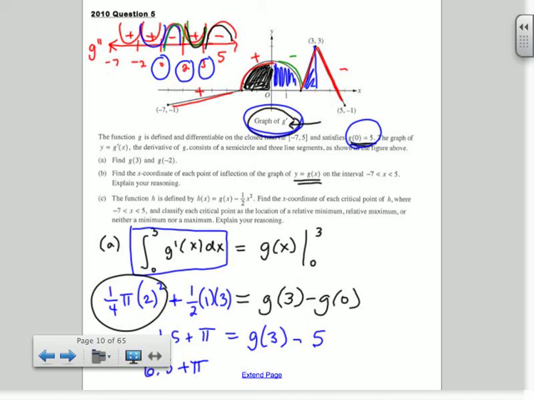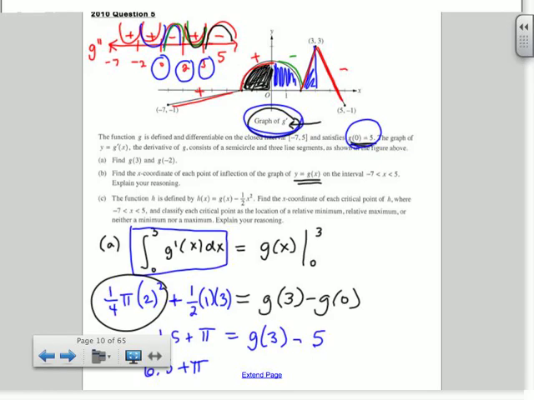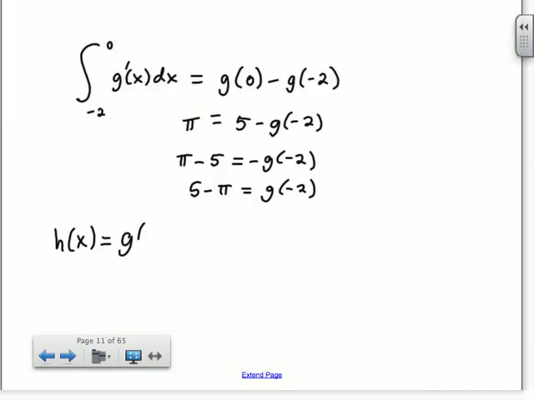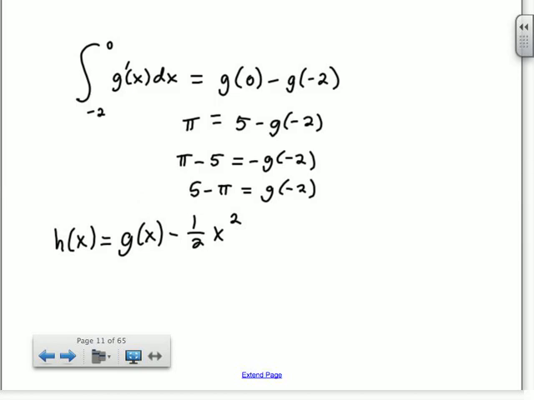Okay, and then C. It says the function h is defined by h of x equals g of x minus 1/2 x squared. Find the x-coordinate of each critical point of h between -7 and 5 and classify each critical point as a relative min, a relative max, or neither a max or min.